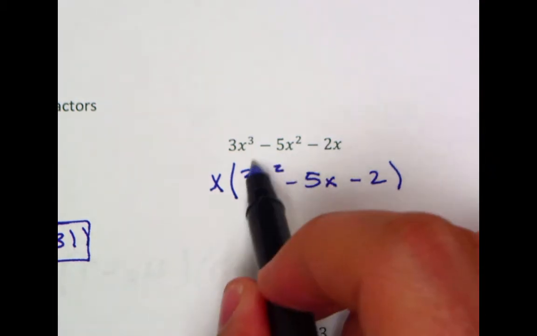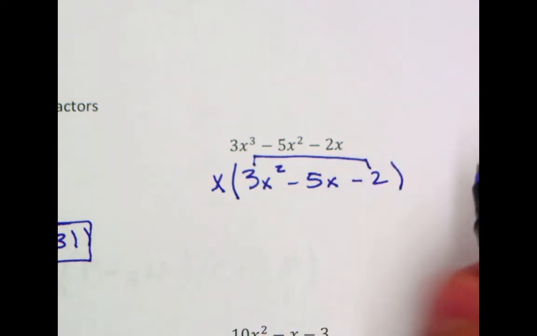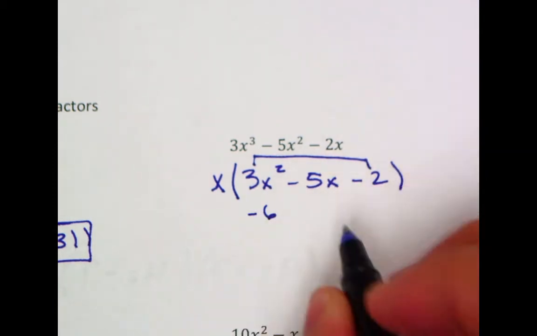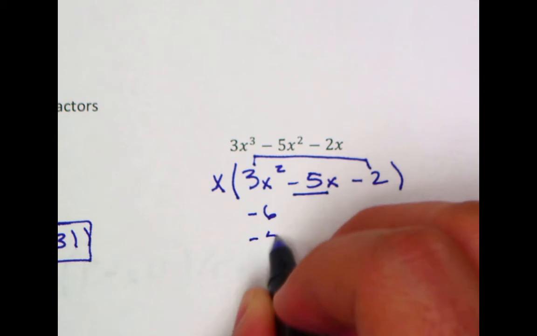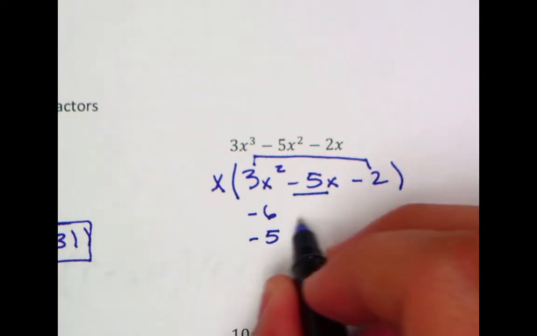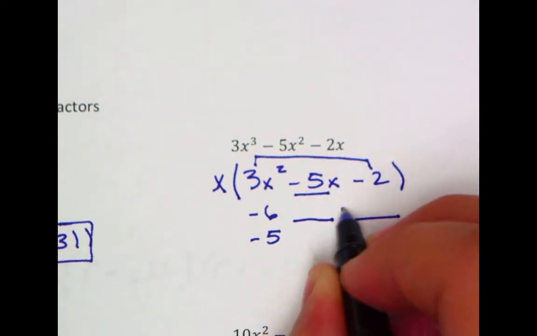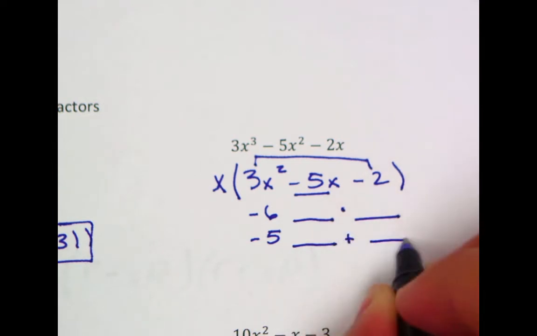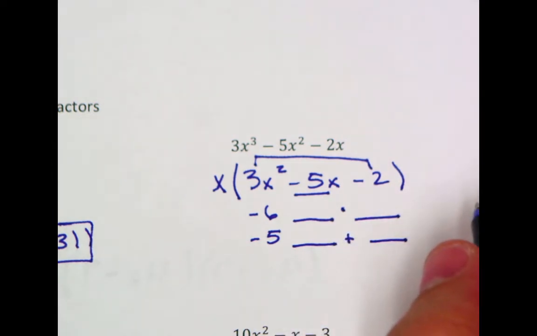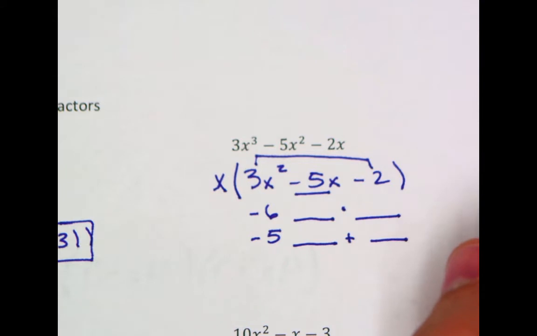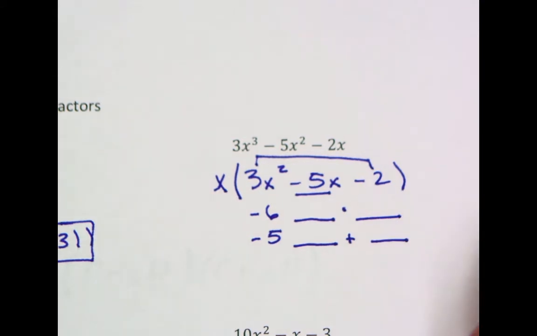A times C is negative 6. Here B is negative 5. I need two numbers that multiply to be negative 6, and the same numbers need to add to be negative 5. Now be careful here.